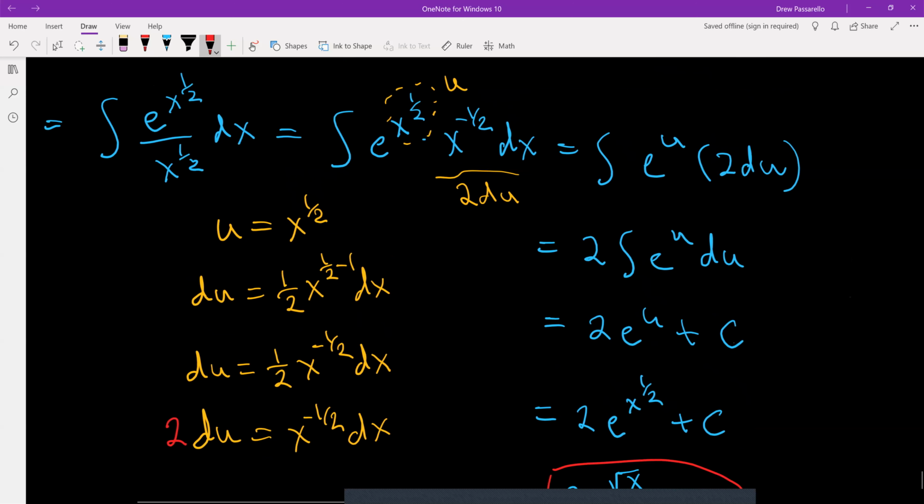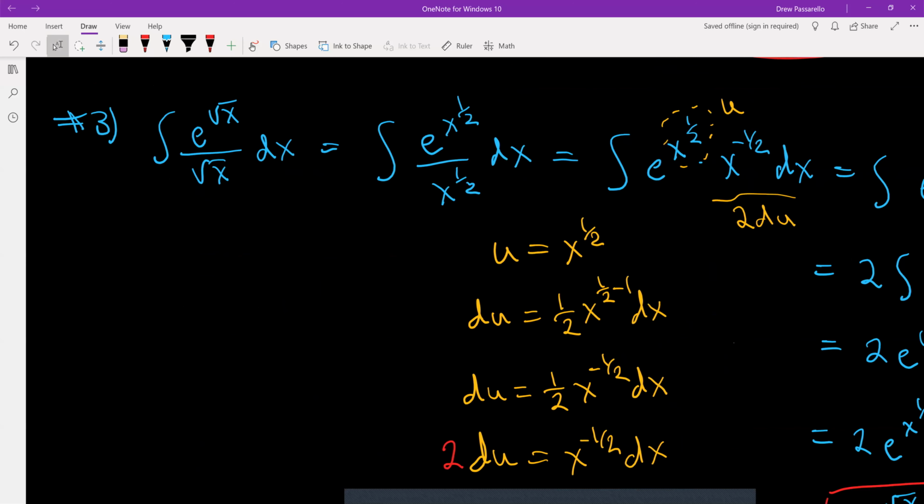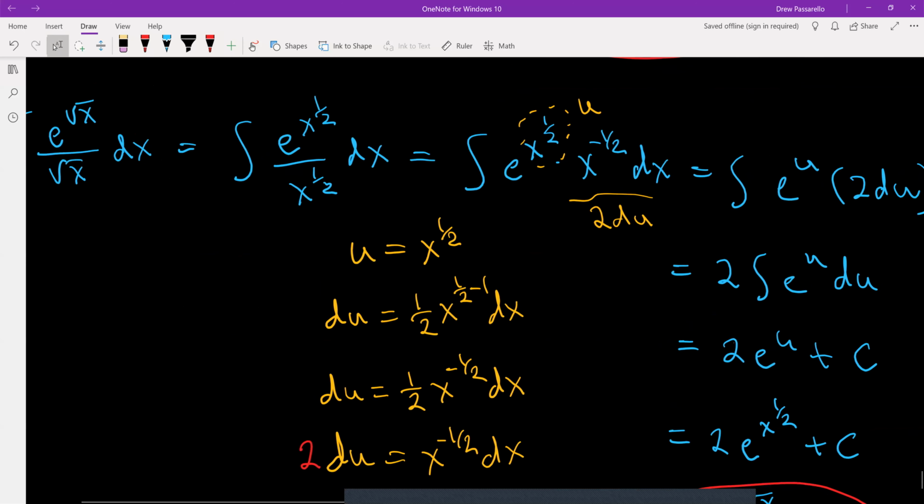Again, I rewrote it so that when I'm doing these substitutions, recall that the last stuff I was doing in chapter 4 is u substitution. That's what I've been doing for these integrals. I let u be the exponent portion, and we started out with e to the square root of x, and the square root of x is the same thing as x to the 1/2. So I just went ahead and wrote it as x to the 1/2. Because x to the 1/2 is also in the denominator, I brought that up to the numerator, which by exponent rules makes that x to the negative 1/2.